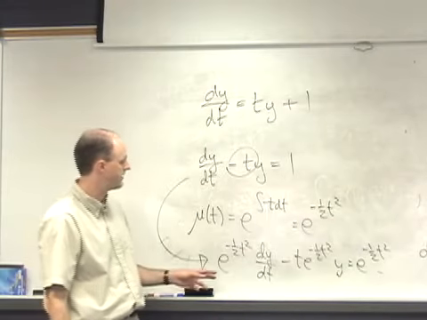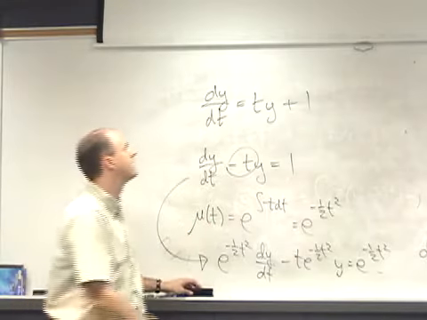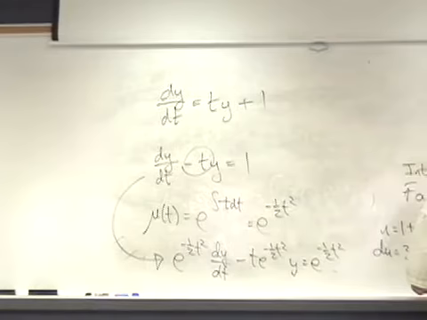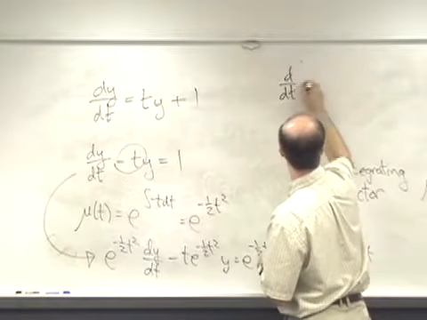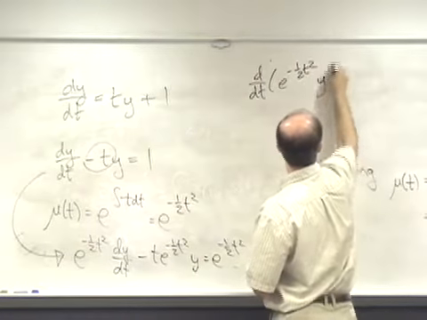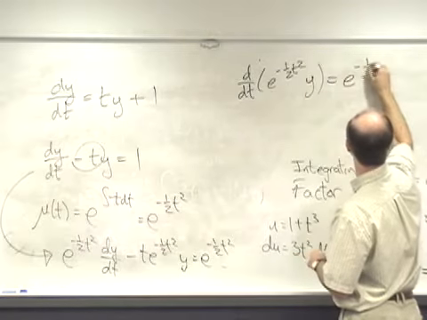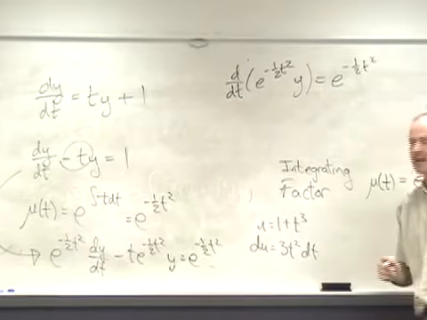It's really the derivative of the integrating factor times the unknown function y. I can write it like this. And if you don't believe me, check it. That's always a good thing to do. Don't believe your teacher. Check it out for yourself. Teachers do make mistakes. I don't think I've made any mistakes here, but you should check it out.